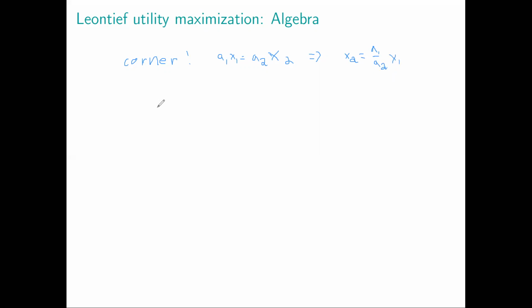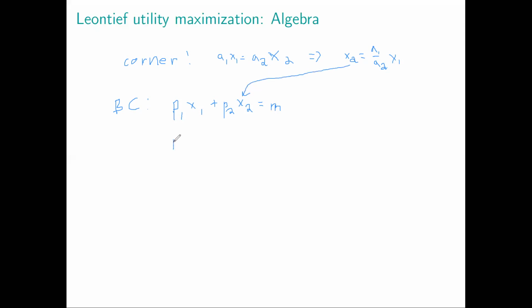And finally, we can use this in the budget constraint. For budget constraints, I'll sometimes just write BC because it's a little bit easier. So here we have P1 X1 plus P2 times X2 equals income M. And we plug in X2 here.